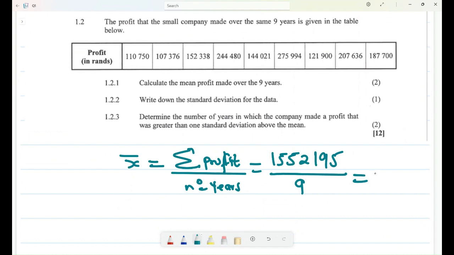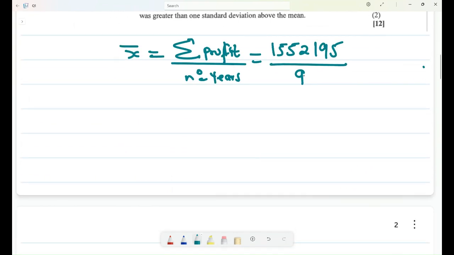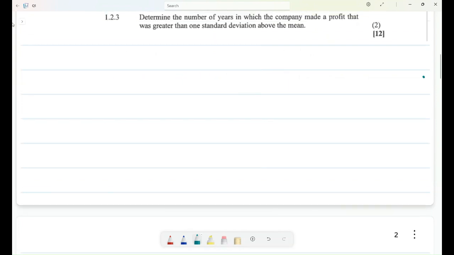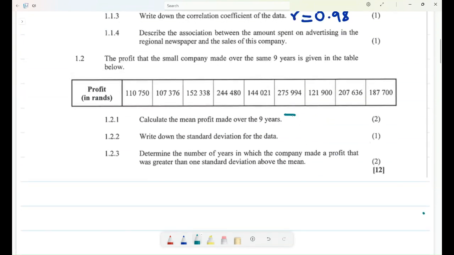172,466.11. Remember, you are using your calculator. Statistics is just a calculator skill. You just need to say X bar is equal to, your calculator will give you that answer, 172,466.11, 2 marks.